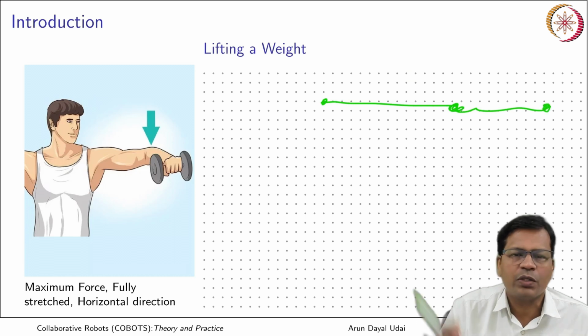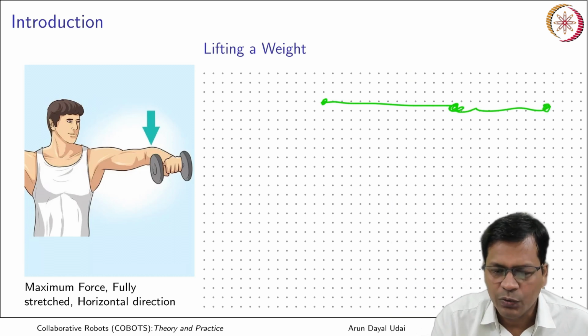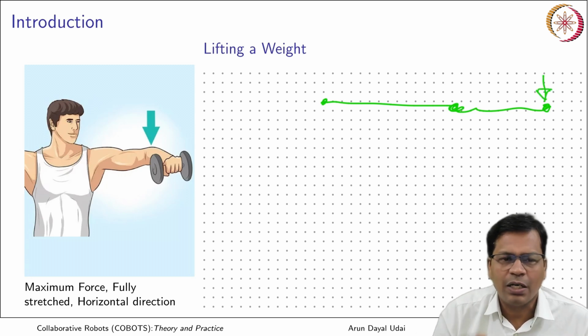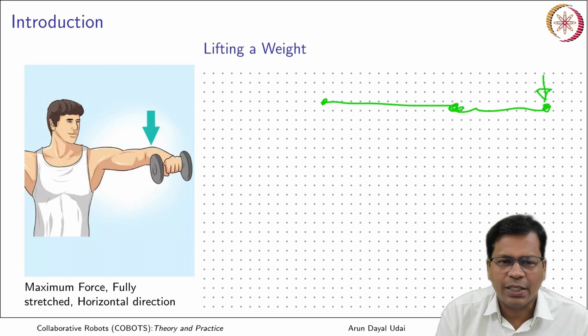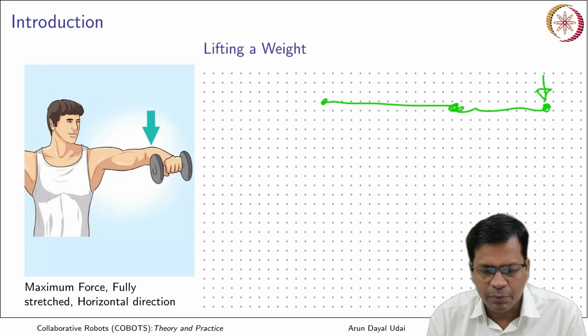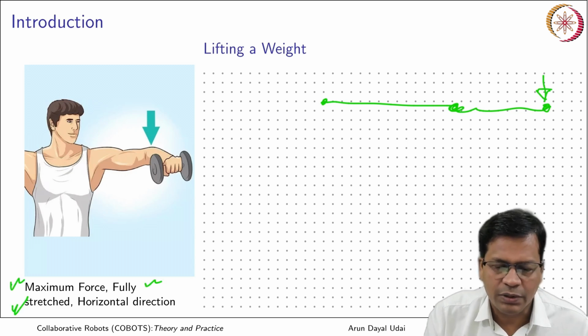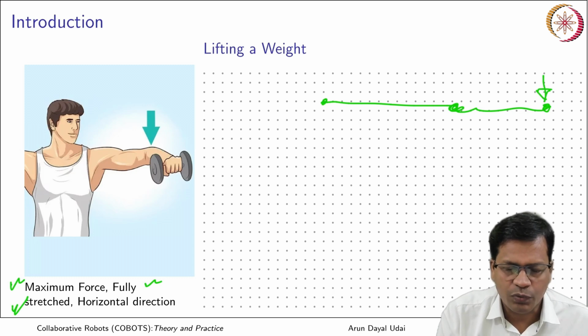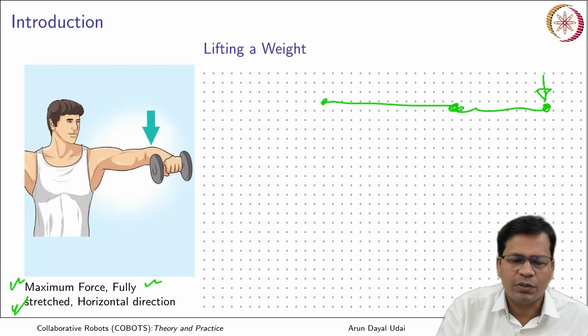You don't prefer doing work most of the time keeping your arm fully stretched. Why? You can carry less load, so you want to remain somewhere in the middle. While moving a jug or doing any household task, you are normally in the mid range. So this is about force: when we try to lift any weight, you want to stay mostly in the mid range.